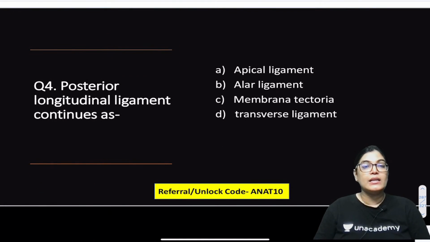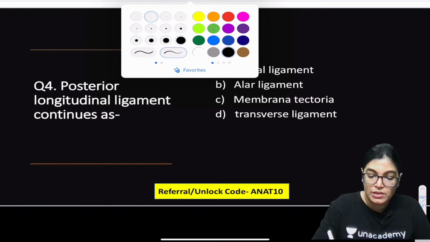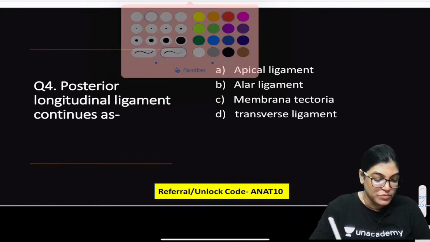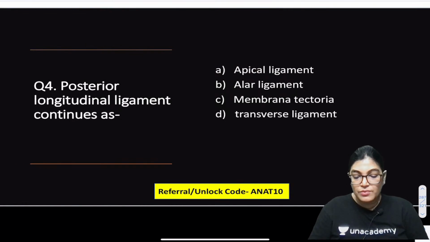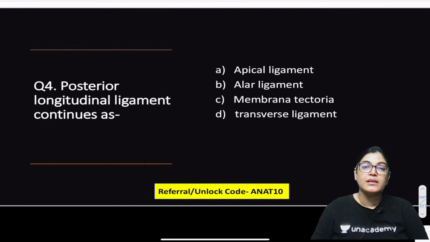So question number 4. Posterior longitudinal ligament continues as, becoming which ligament? Whether it becomes apical ligament, alar ligament, membrana tectoria or transverse ligament. The posterior longitudinal ligament becomes which ligament as it continues upward?